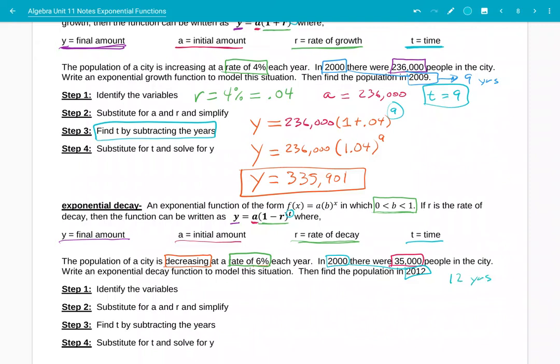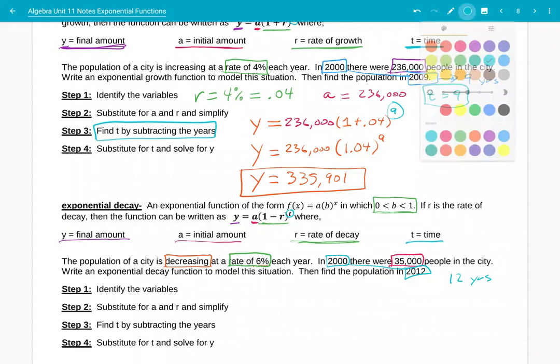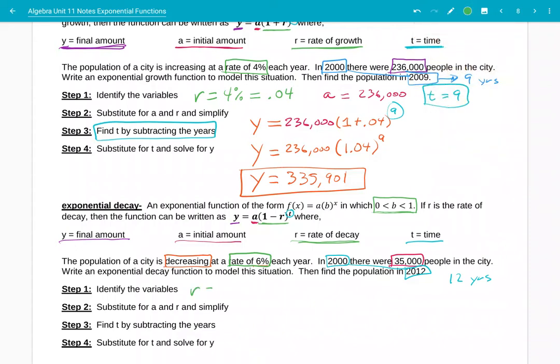So we're going to identify the variables. We've done that. The rate is 6%. And remember that in decimal form is 0.06. And then the initial amount, that was A, that's 35,000. And then the time, well, we can put it down here. Time equals 2012 minus 2000 equals 12.